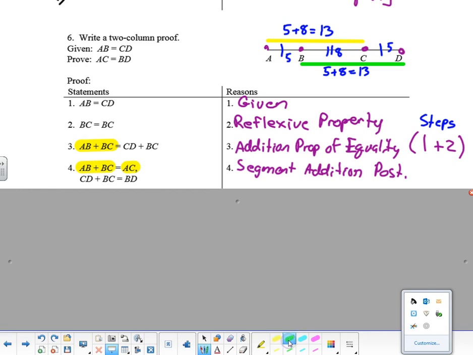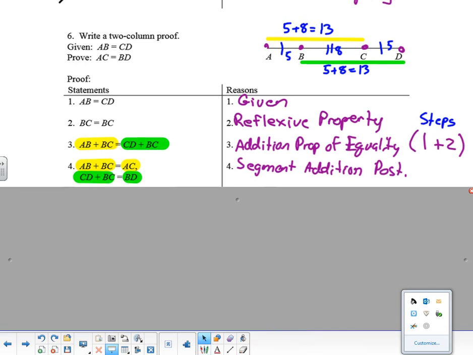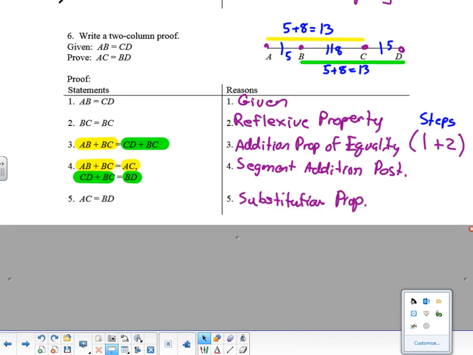AC. CD plus BC equals BD. There's our segment addition postulate. So we're just going to put those in there using the substitution property. BD is our green one, AC is our yellow one.